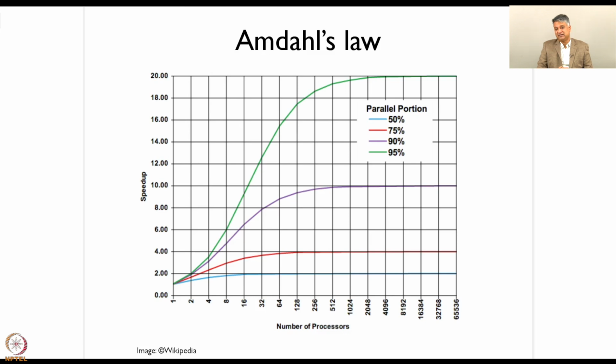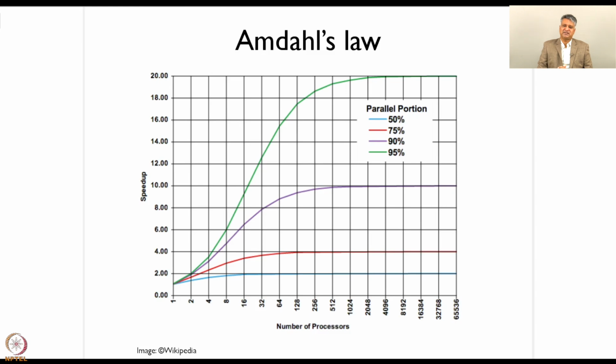And the reason why we say that this has serious implications is that today's modern desktop computers themselves have computing cores of the order of 64 or 128. Large high-performance parallel machines have computing cores of the order of millions. Now, if I'm not able to use more than about 1,000 processors and get any more speedup, then most of my parallel algorithms or large parallel machines are effectively rendered useless.